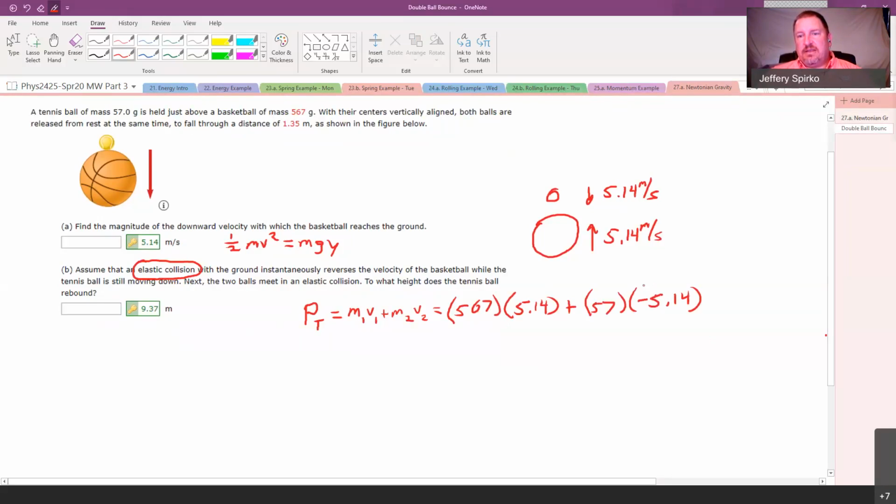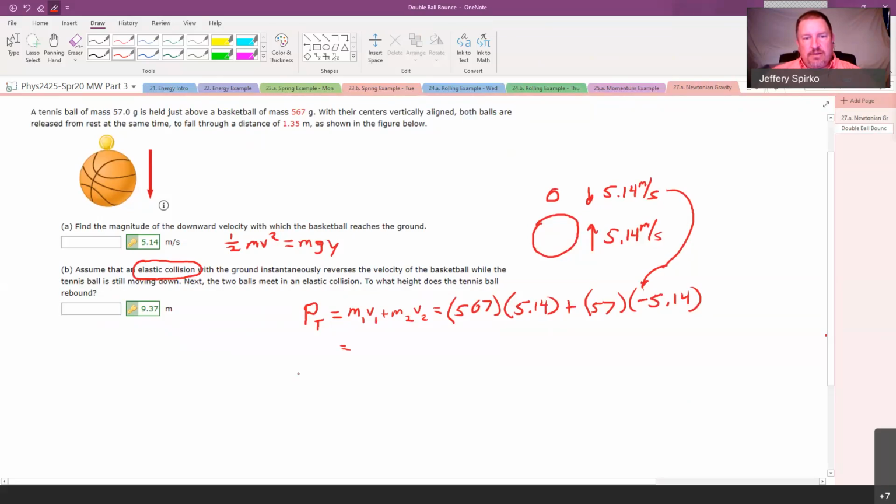Notice that the tennis ball is moving downwards. So that gives me a total momentum value as a number.